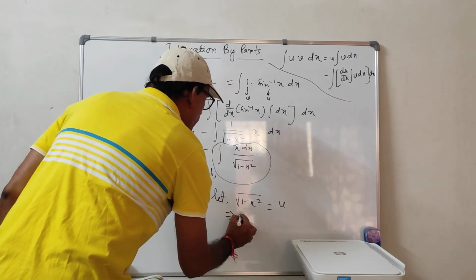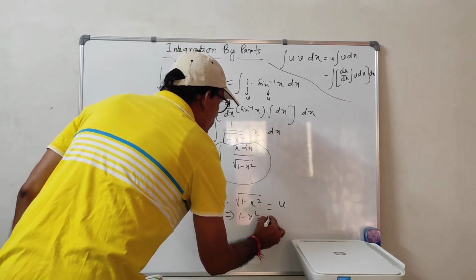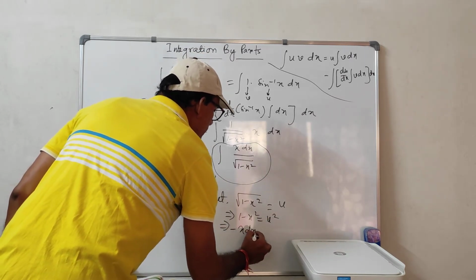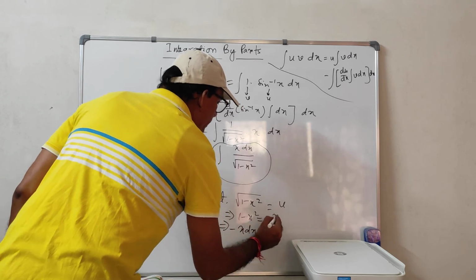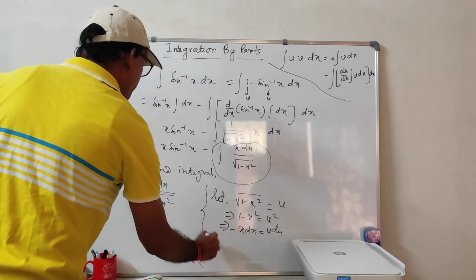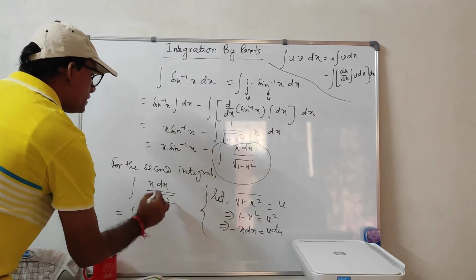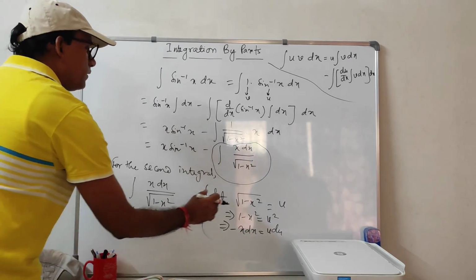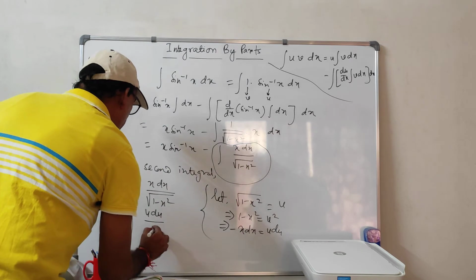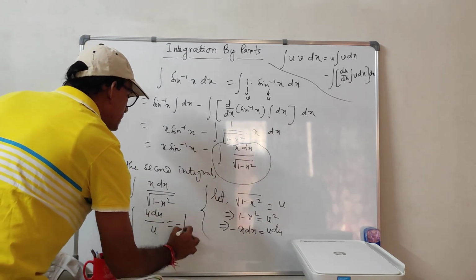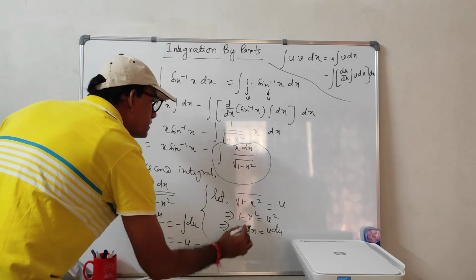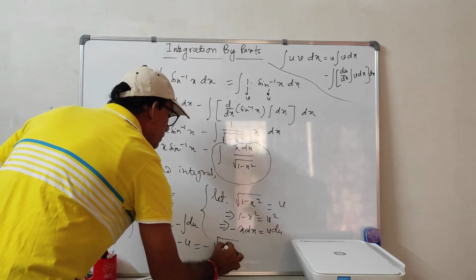So this implies 1 minus x square equals u square, and this implies minus x dx equals u du. Very simple thing. So x dx means minus u du by root over 1 minus x square, which is u. U will be cancelled out. Minus du, that means minus u. That is minus u means root over 1 minus x square.